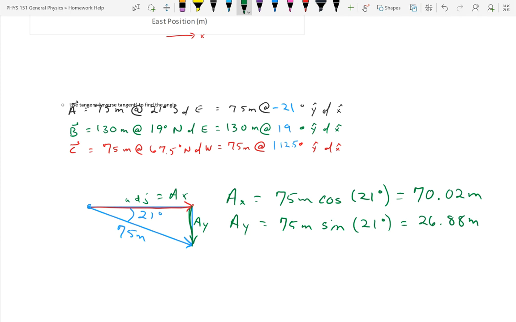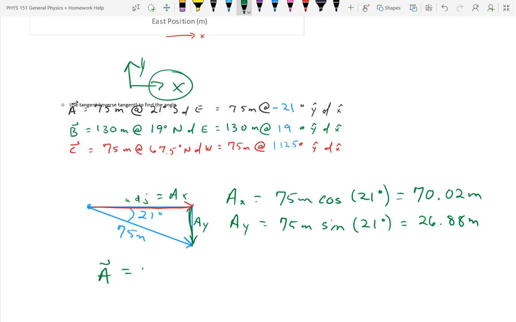Now those are the magnitudes of AX and AY. When I write my A vector, I have to have the directions. So is the AX positive, parallel to my x-axis, or negative, anti-parallel to the x-axis? It's positive because remember, here are my directions, X and Y. It's the same direction that X was pointing.